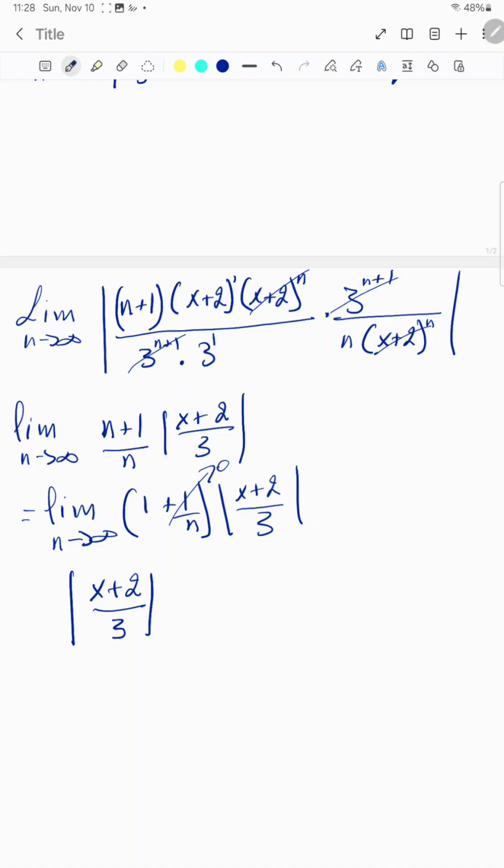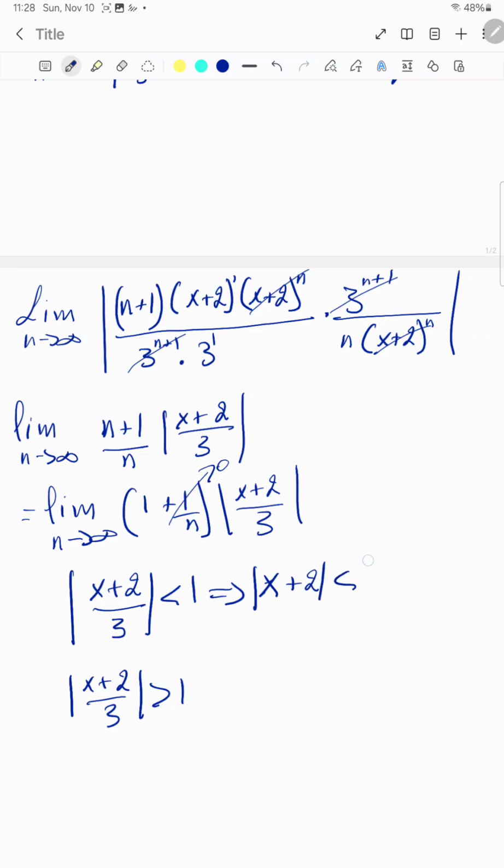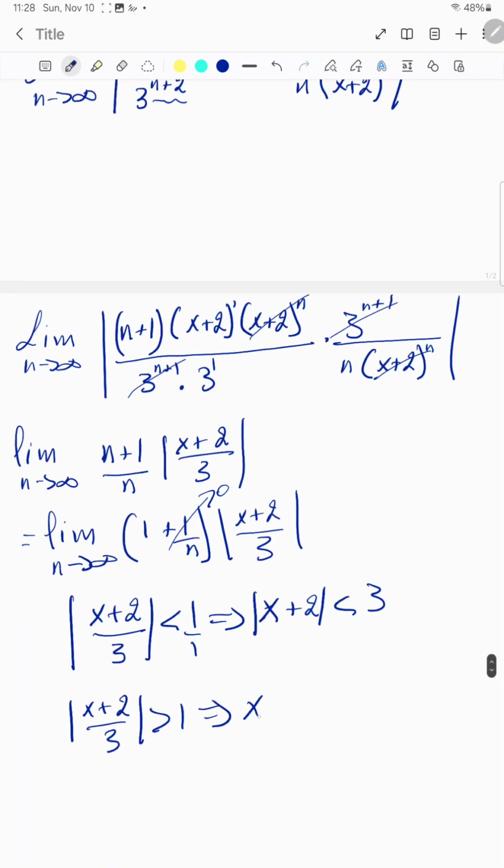So if it converges, I know it should be less than 1. And if it diverges, it should be greater than 1. The absolute value of (x plus 2) divided by 3 greater than 1 means diverge. From this, I can find, by cross multiplication, that the absolute value of x plus 2 is less than 3, so it converges here, and the absolute value of x plus 2 greater than 3, and it will diverge here.